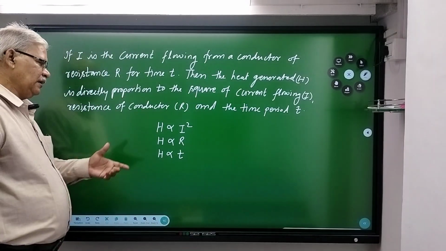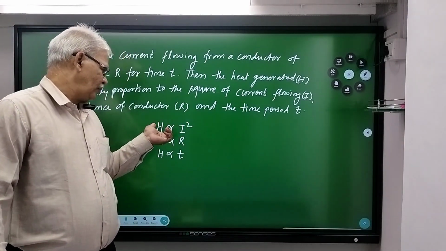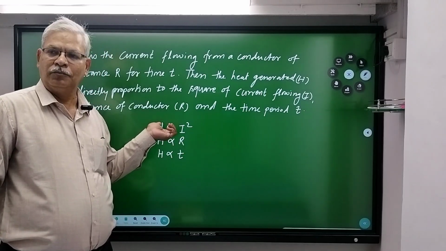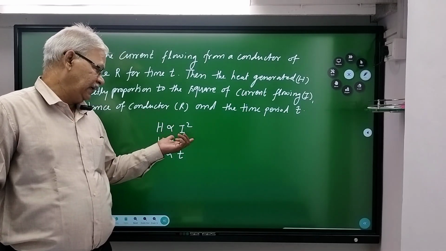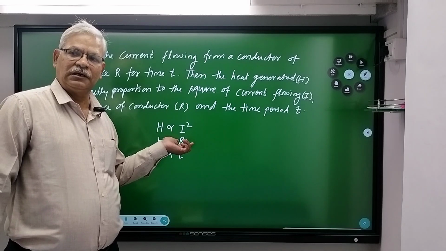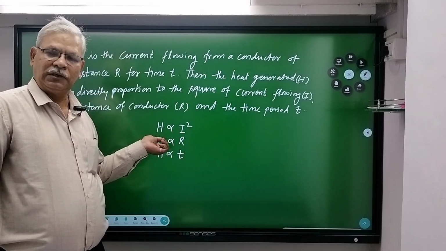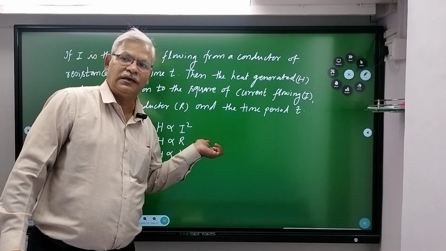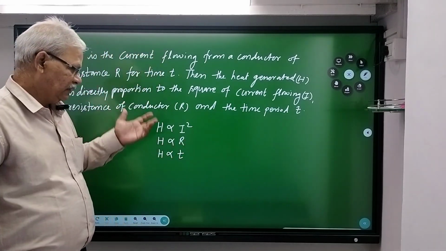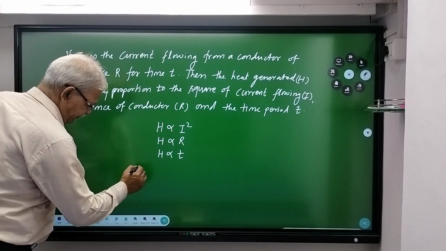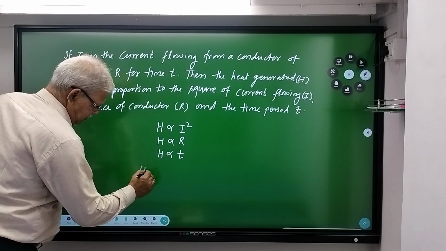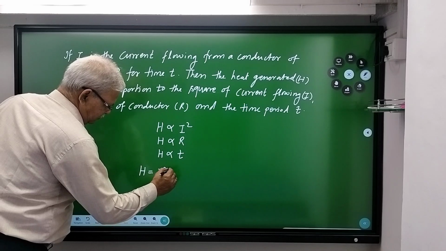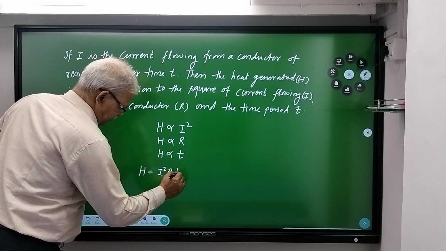It means that if the current increases, more and more heat will generate. If the resistance of the conductor is more, more heat will generate. And if the time period for which the current is flowing increases, the heat will increase. Therefore, H = I square RT.